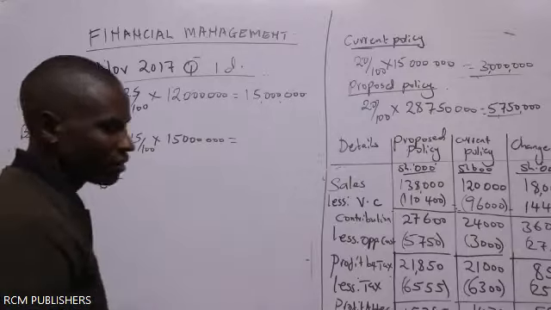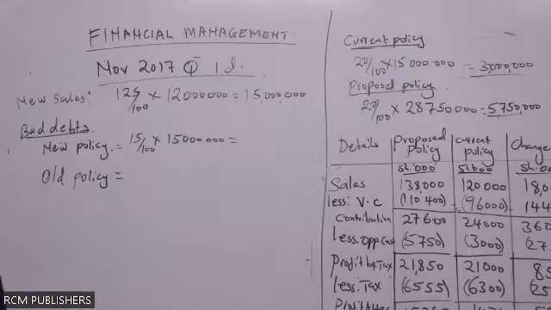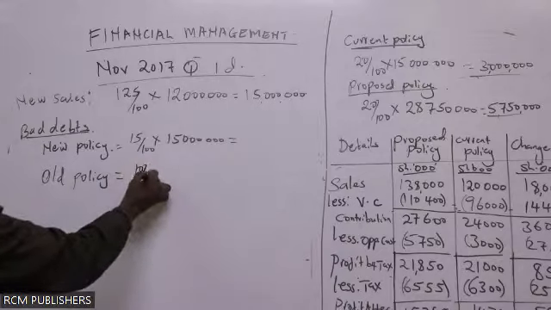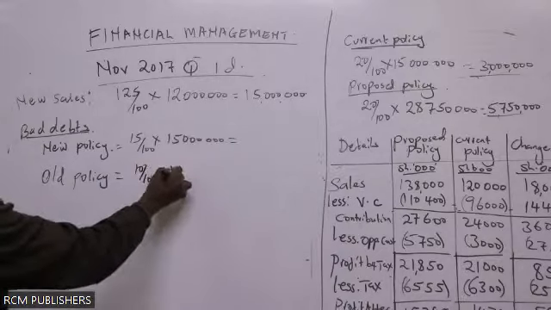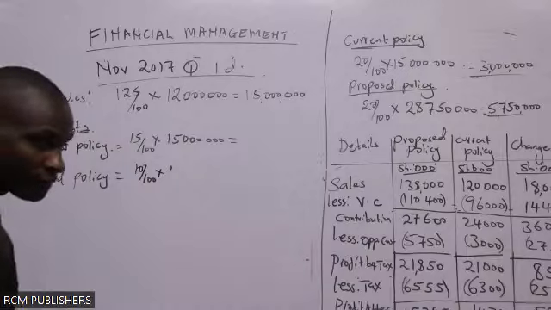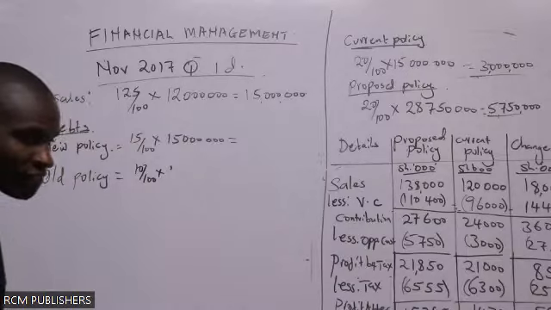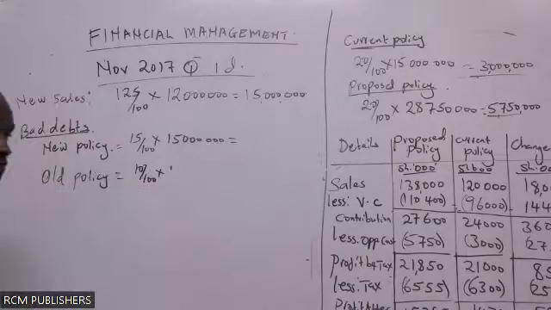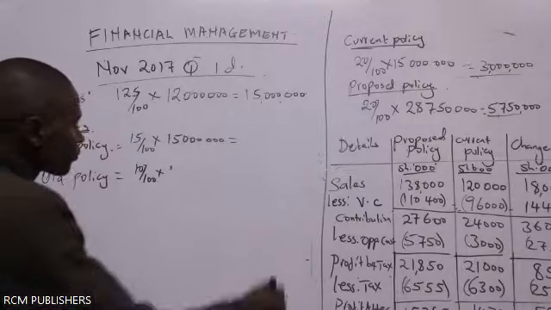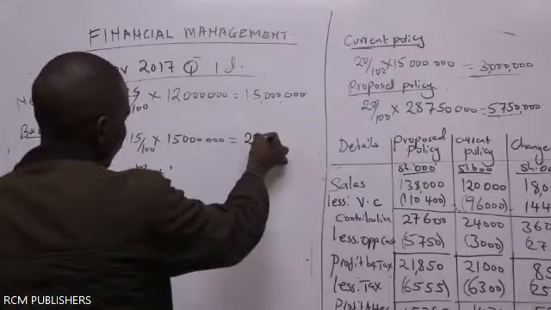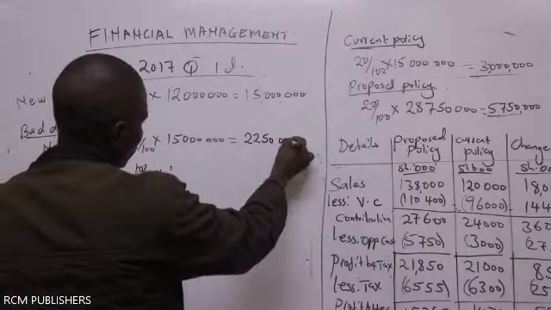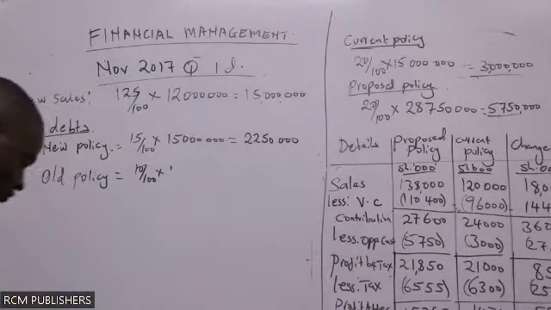The same. So the other one, remember, how much will bad debt be? 10% of 2.5 million, that's 250,000.